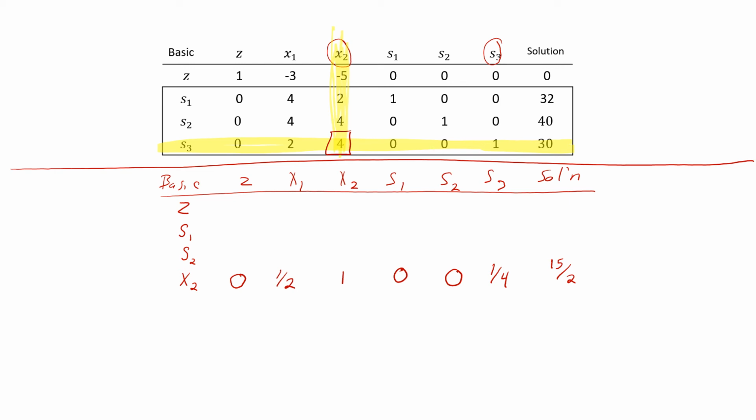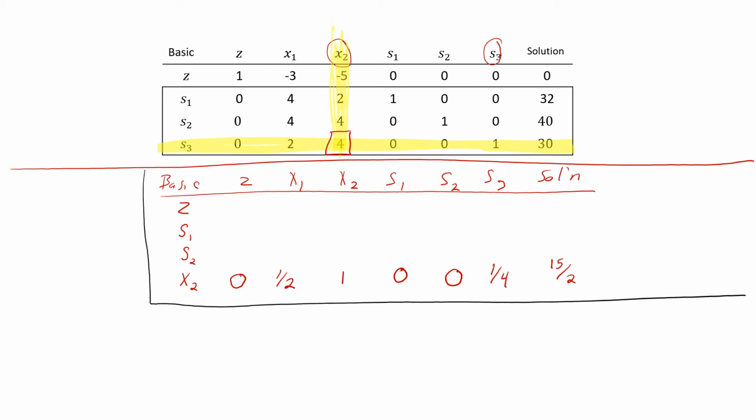That's the easy one. What about the others? That gets a little bit more complex. The rule says take the row. So we're going to take our Z row. This applies for all rows, including the Z row. I'm going to write it like this: 1, -3, -5, 0, 0, 0, 0, including the solution.